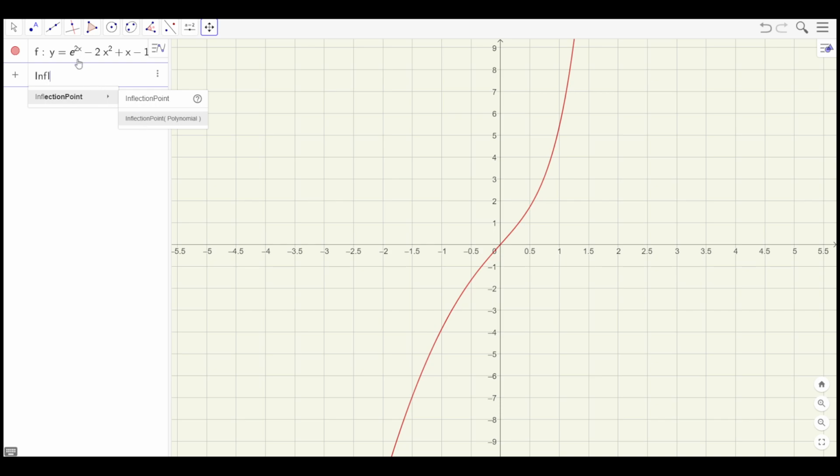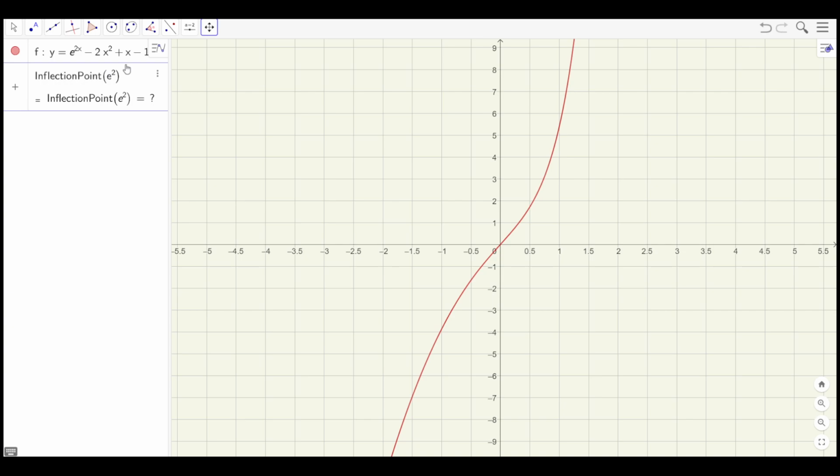So inflection point, I don't think it accepts, because this is not a polynomial. Why is this not a polynomial? Yes, it has an exponential term in it, e to the power 2x. This part of it is polynomial. So I don't think it will accept this from us, but let us insist, yes?